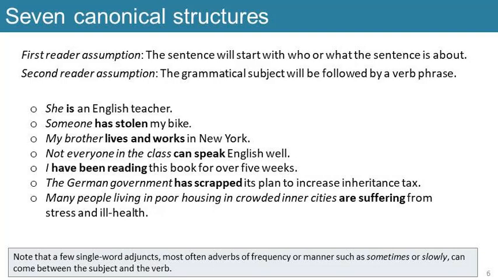The second assumption is that the grammatical subject will be followed by a verb phrase indicating what the subject is, or does, or experiences. In the example sentences, the subject is italicized and the verb phrase is in bold.